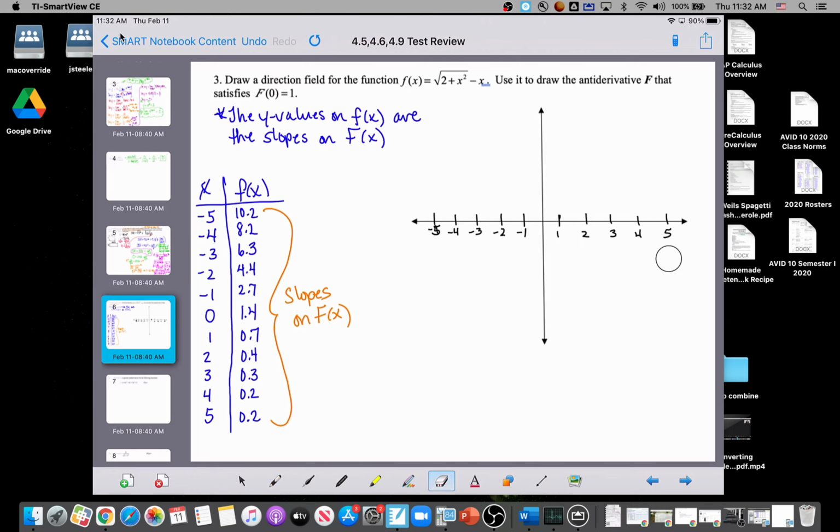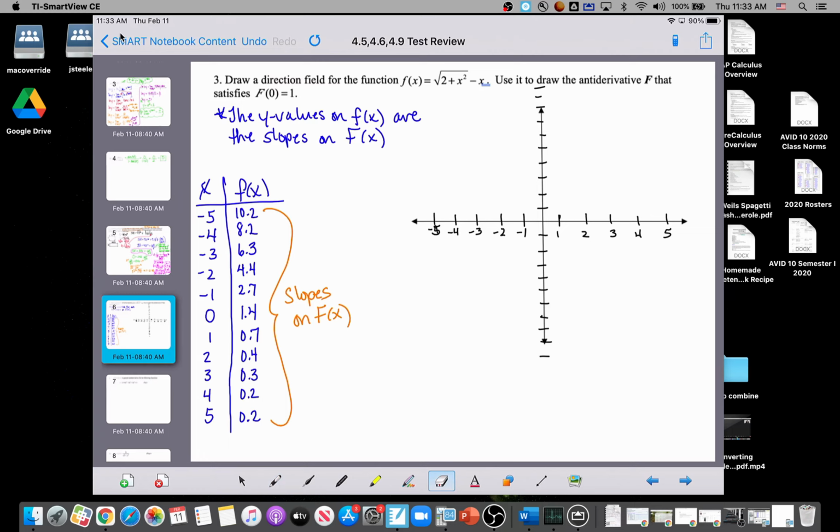And I'm going to put some values on my y-axis as well. Those just help me as I'm drawing my slopes, to envision how steep my slopes need to be in each location.